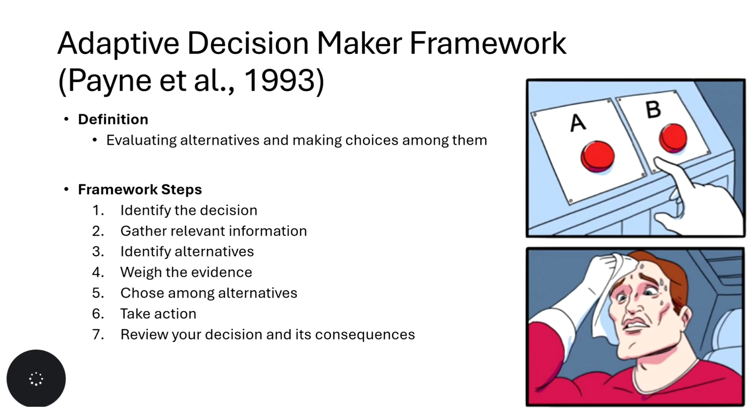We identify a decision that needs made, gather relevant information, identify alternatives, weigh the evidence, choose among alternatives, take action, and then review your decision and its consequences or the response from the system or the environment. This was a way to deconstruct what our brains do very quickly and somewhat subconsciously. But it is one of those initial stabs at trying to make sense of that.